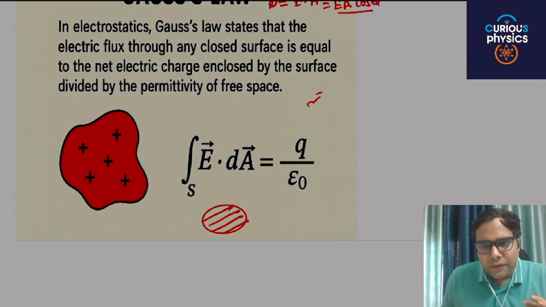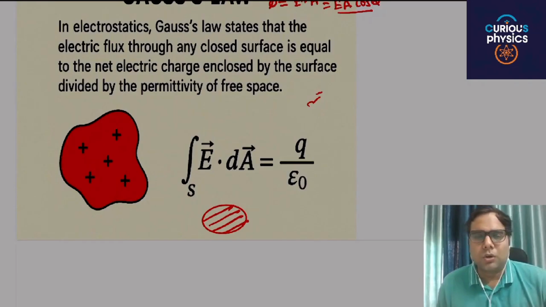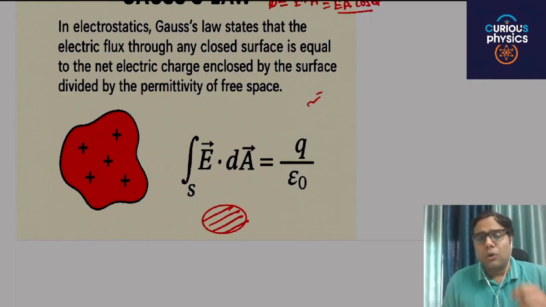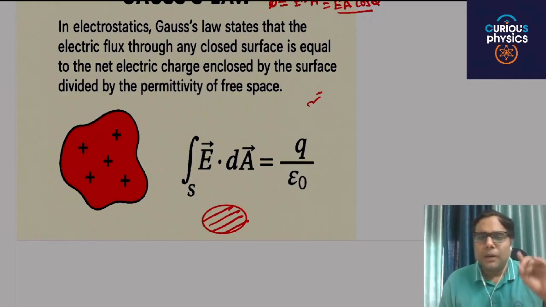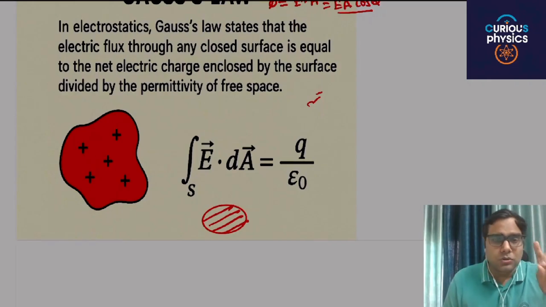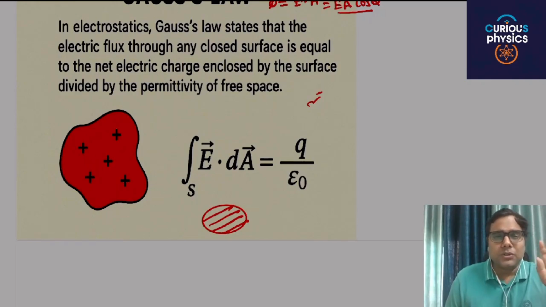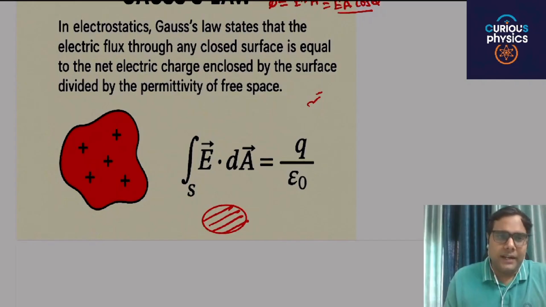Here we will find the electric field at a particular point by using Gauss law only for symmetrical shapes, but Gauss law is valid for all kinds of shapes, symmetrical or unsymmetrical. The condition is that Gauss law is applied for any closed surface, meaning the surface should be closed from every side. Are you getting my point?